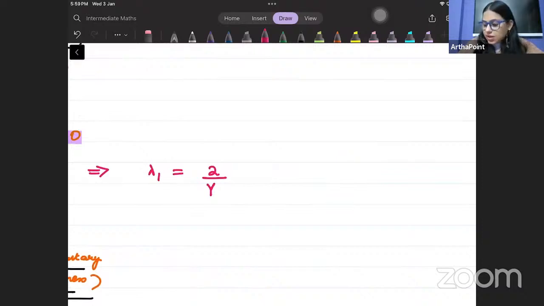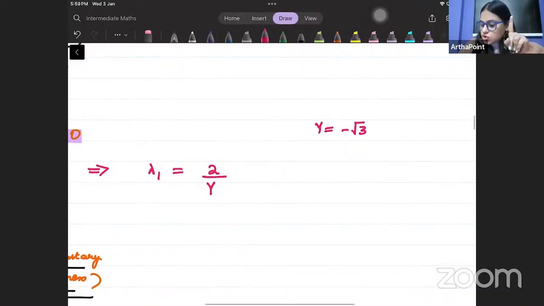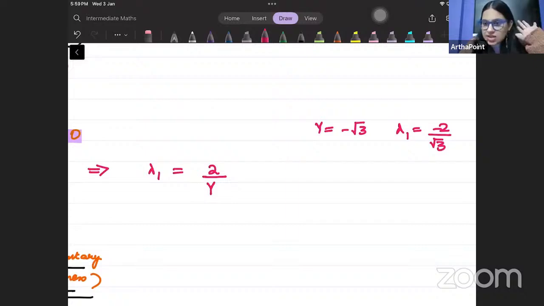So beta, tell me something. When y is minus root 3, y की दो values आई थी ना, plus root 3, minus root 3. When y is minus root 3, तो बेटा lambda 1 तो minus 2 by root 3 हो जाएगा, negative. So that case is eliminated. That is not possible. So the only case I am left to check is when y is positive.